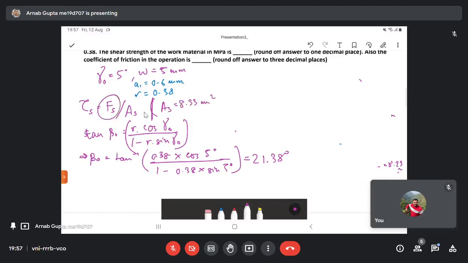So now you have to calculate Fs. For that, you will take help of the Merchant circle diagram. This is your tool. This is your shear plane. This is your chip.